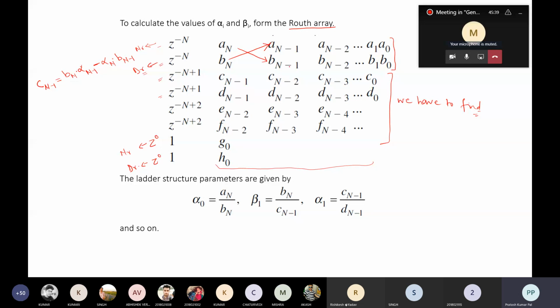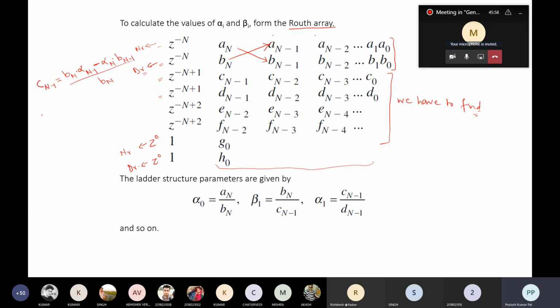After multiplying these and subtracting, we will divide it by the bn value. So this is the Cn minus 1 value.